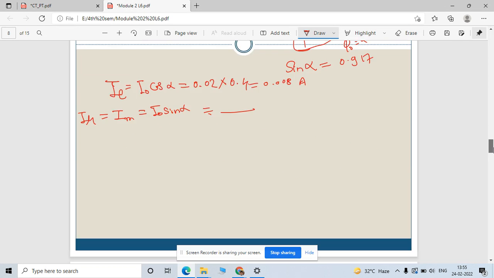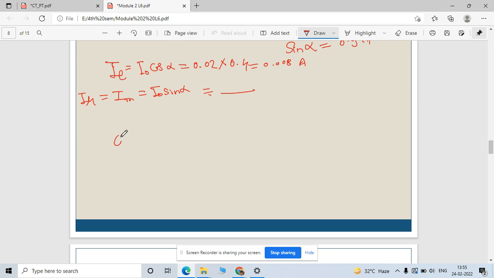And after that, use the theta formula, and find all these values. At no load, the hint is that the secondary current you need to consider as zero. That is the assumption.